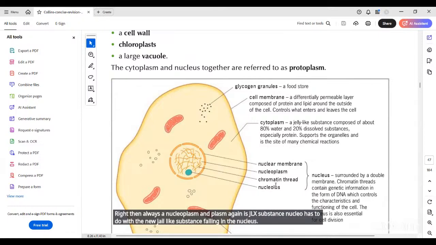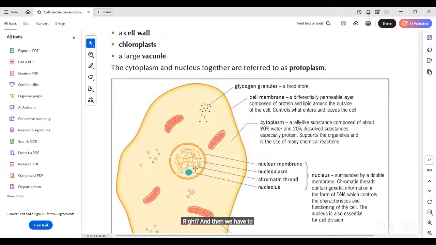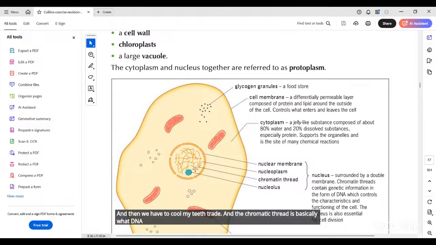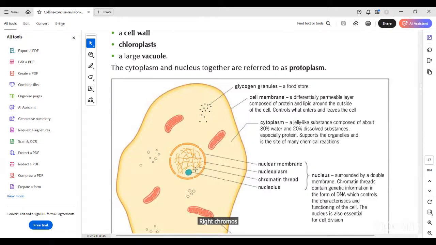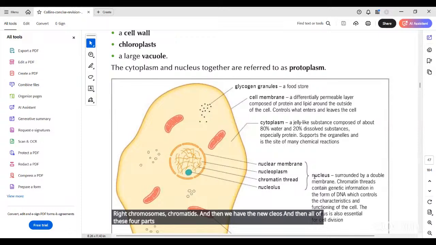Right? And then we have the chromatid thread. And the chromatid thread is basically what DNA is all about. Right? Chromosomes, chromatids. And then we have the nucleus. Right? And then all of these four parts combined give you the nucleus.